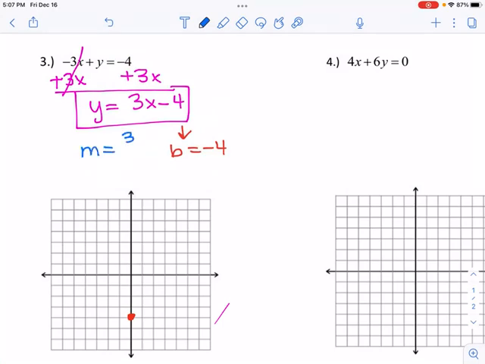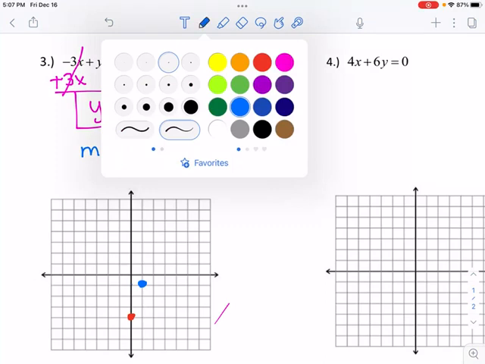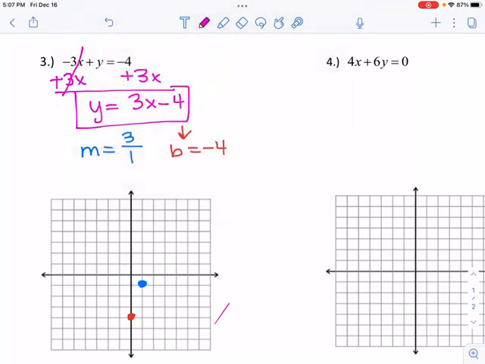So 3 can be rewritten as 3 over 1. Which means that if I have a positive slope of 3 over 1, I'm going to travel up 1, 2, 3 over 1 and make a point. Now I can draw in my line y equals 3x minus 4.